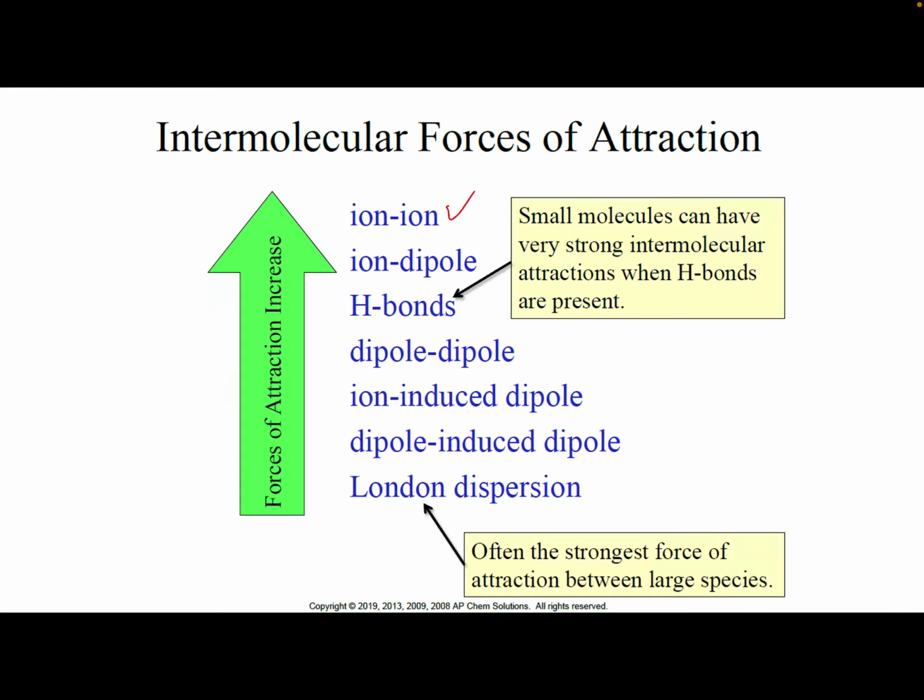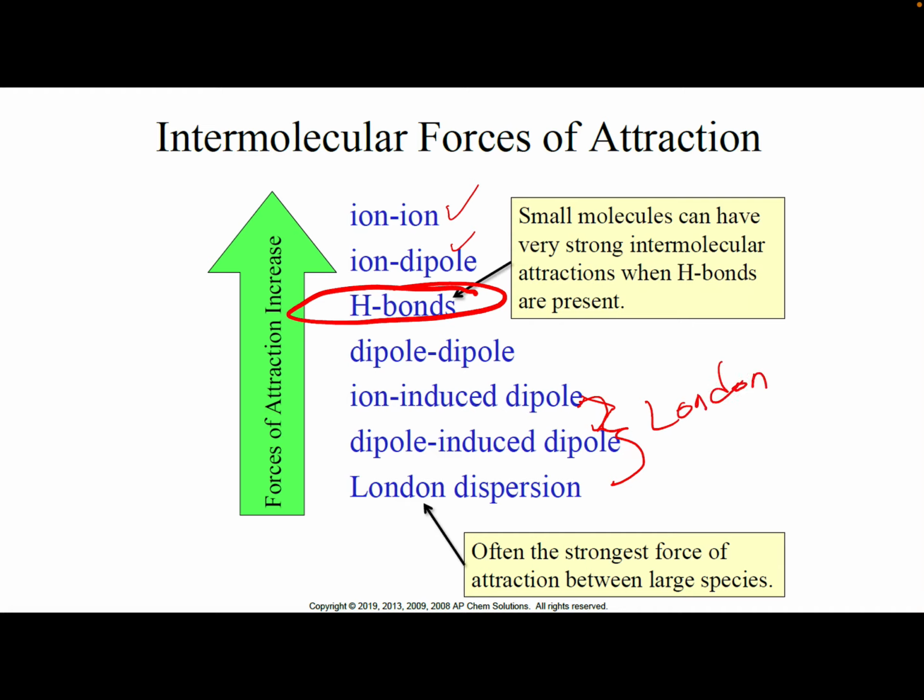So if we kind of look at the general trend about the relative strength of intermolecular forces, you'll notice our strongest, ion-ion, ion-dipole when we dissolve an ionic compound in a polar solvent, usually water, okay? Hydrogen bonds, notice, hydrogen bonds are our strongest dipole-dipole. And then generally we don't look too much at these. We kind of lump all of these into London dispersion forces.